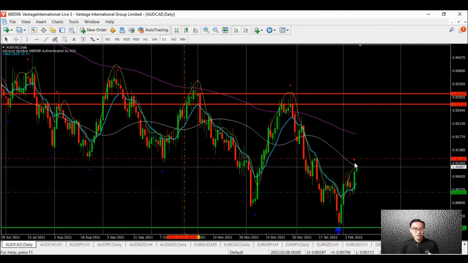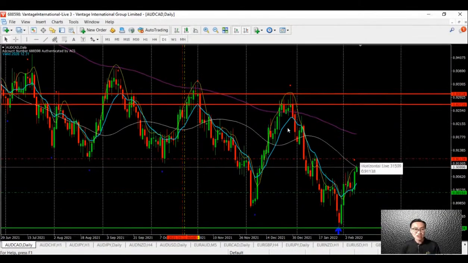When it can break this resistance, of course, don't get yourself into the trap. Don't get yourself into a trap whereby when it hits the resistance, immediately you place a sell limit here.